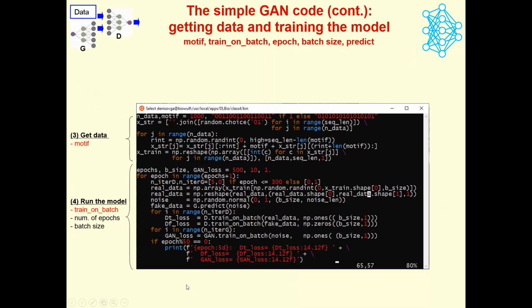So this slide discusses the last two steps of processing by the simple model. First, getting data. How do we get data?